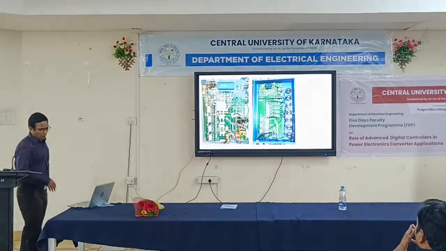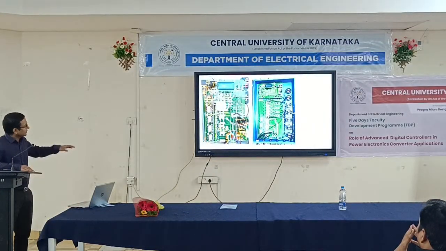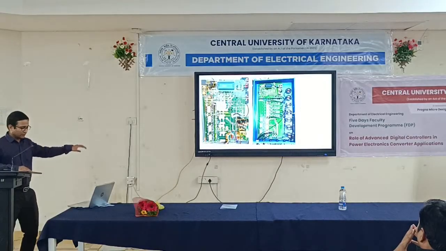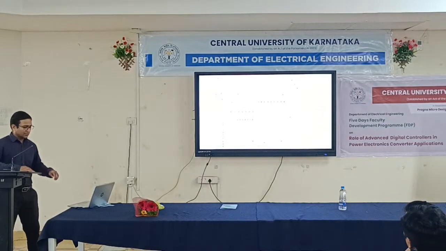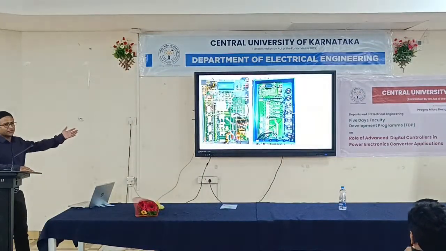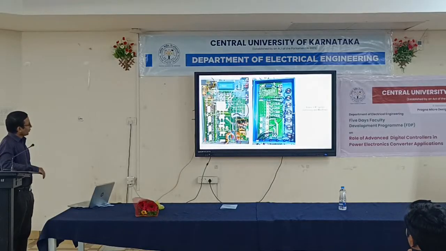So if you open any cabinet or chamber of a power converter, you will see this type of network. One should correlate this block diagram with the circuit which we see over here. These are the systems we developed in our company and laboratories.